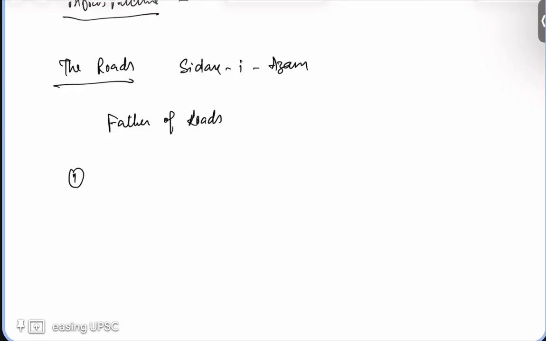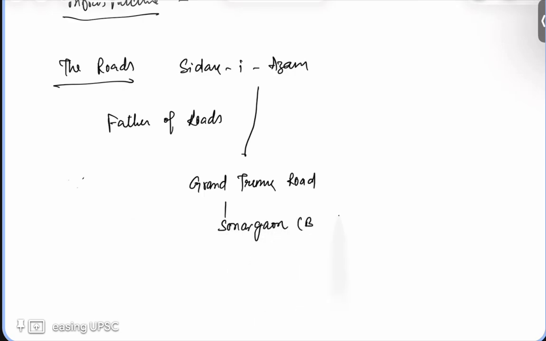So first one is this Sadak-e-Azam, famously known as the Grand Trunk Road, the longest road running from Sonargaon, Bengal to Peshawar, NW frontier.